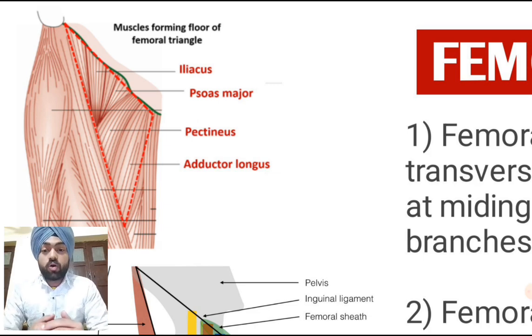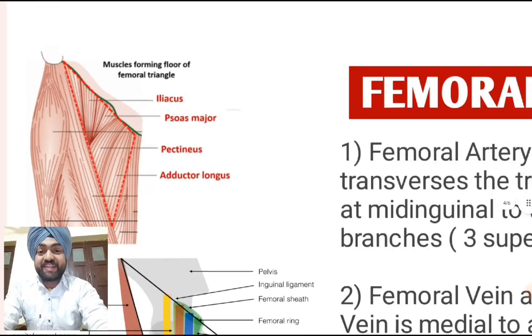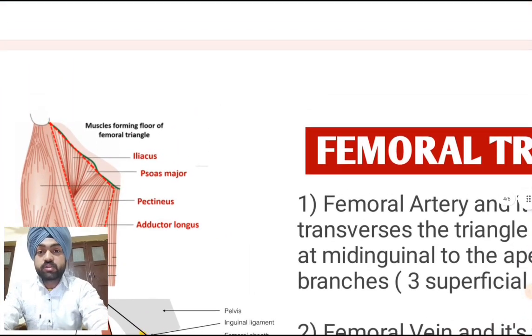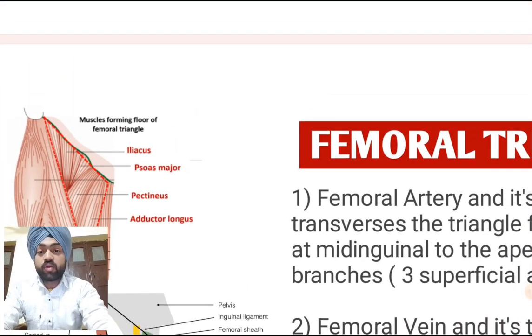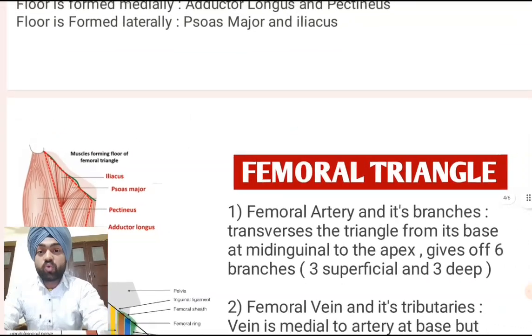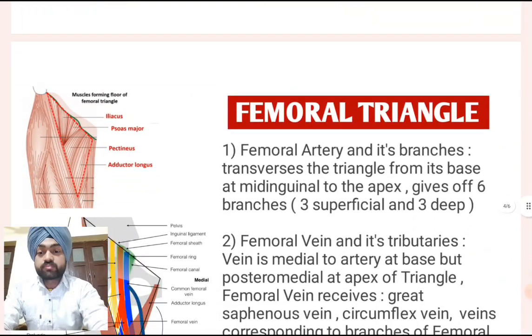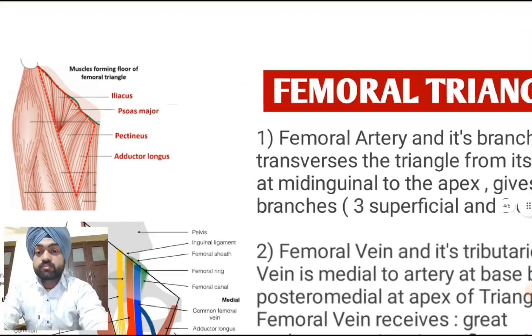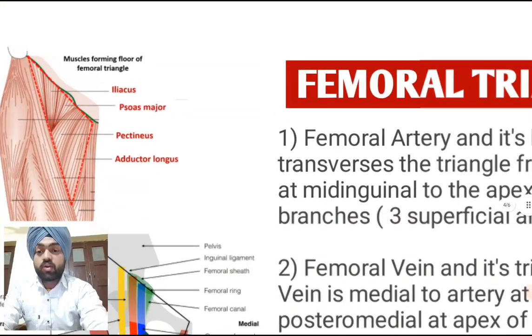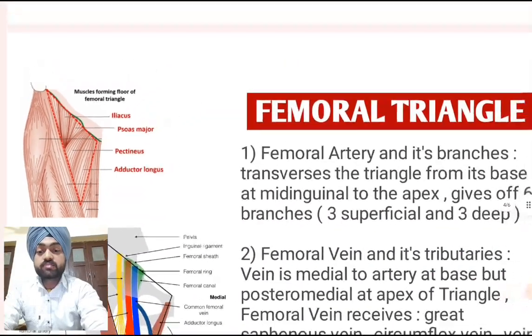On the medial side we have pectineus and adductor longus. On the lateral side we have iliacus and psoas major muscle. I hope this diagram is clear to you guys.